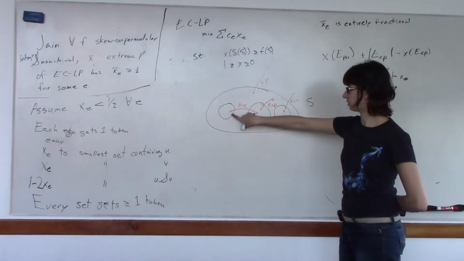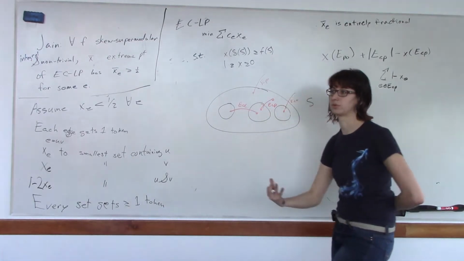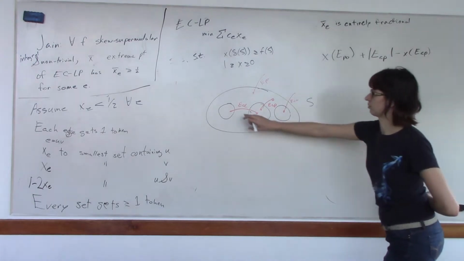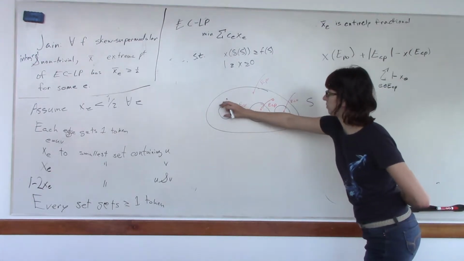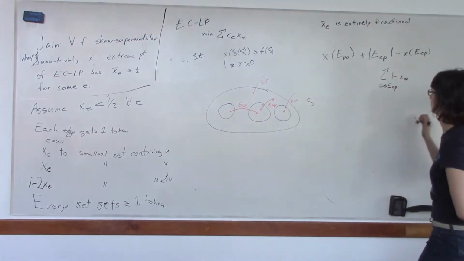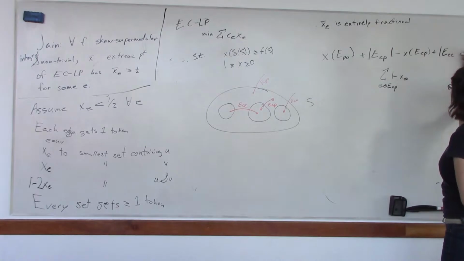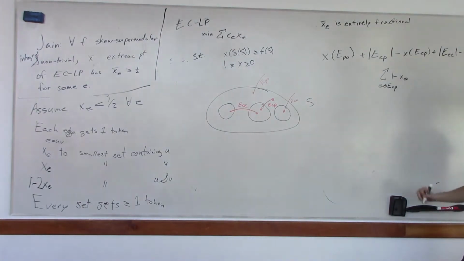Now for E_CC, we only get this bottom stuff because both of these children contained the endpoint. Maybe someone smaller contained it, but I definitely didn't get the money for it. So then I have plus E_CC minus x of E_CC.